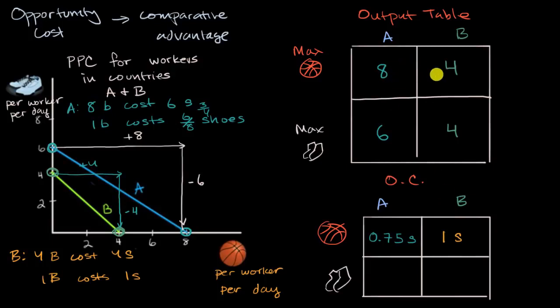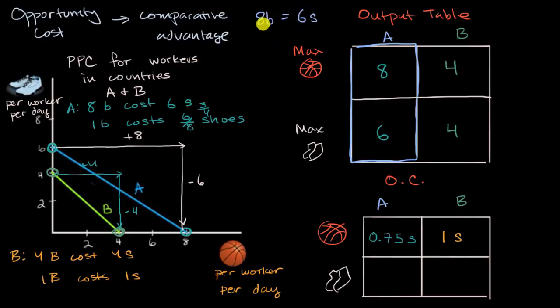And you could have also gotten it from this information here. You could set up an equation. You could say, look, in country A, if I put all of my energy into basketballs, I could produce 8 basketballs. But if I put that same energy into shoes, I could produce 6 pairs of shoes.